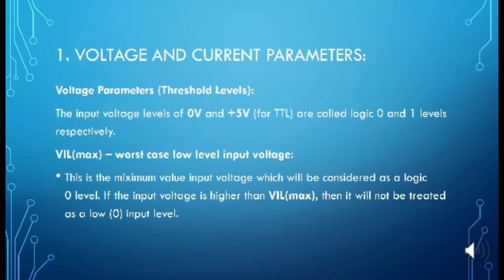VIL, the worst case low level input voltage. This is the maximum value of input voltage which will be considered as a logic 0 level. If the input voltage is higher than VIL, then it will not be treated as a low or 0 input level.